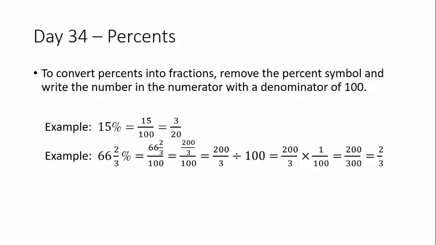And when we divide with fractions, remember, we multiply by the reciprocal. So 200/3 is multiplied by 1/100th. This gives us 200/300ths. And when we simplify this fraction, we get 2/3. While it might seem complicated, it is not really very complicated to convert a percent to a fraction.